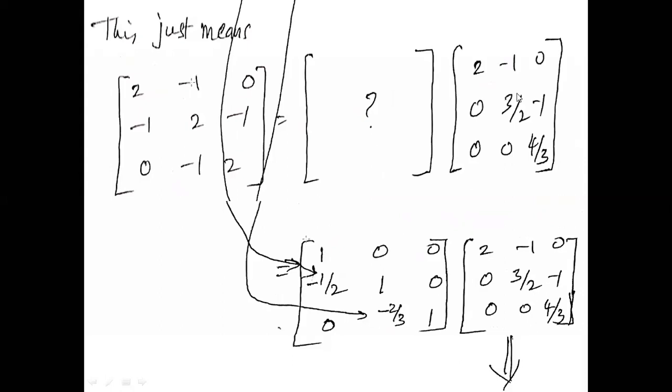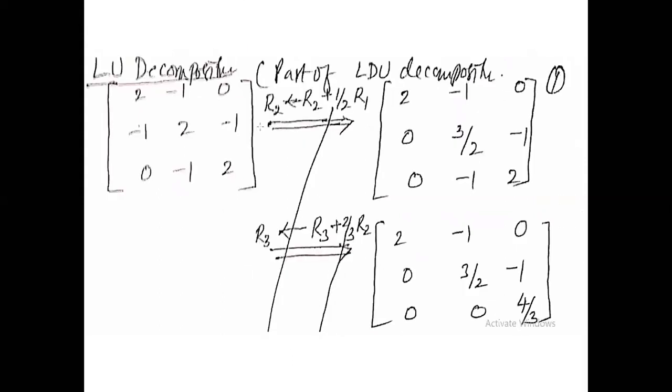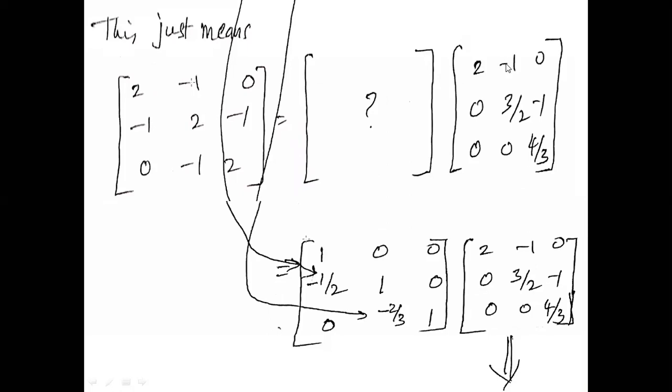That means if I multiply the upper triangular matrix which I have got here with some other matrix, I should get A. Does that make sense? If I multiply this upper triangular matrix into some other matrix, I should get A back. So the job that we have is to fill this matrix. Right? Now, how do I fill this matrix?